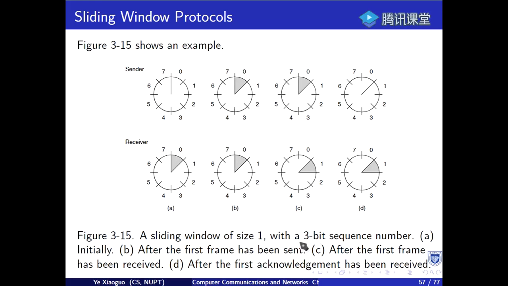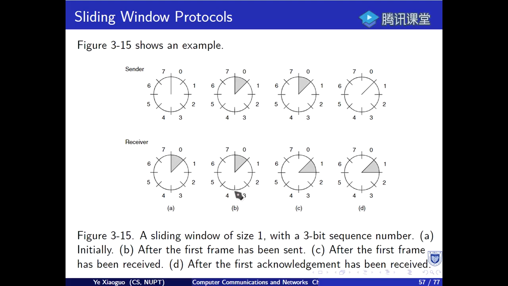We know that with a 3-bit sequence number, we can have 8 numbers for the number of windows. Subfigure A shows the initial state of the window.